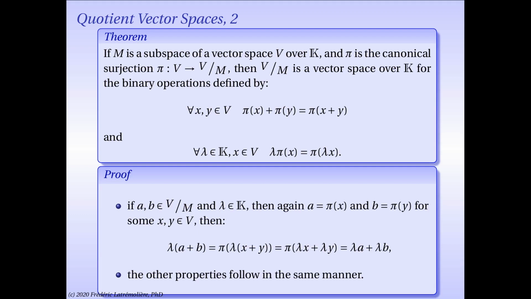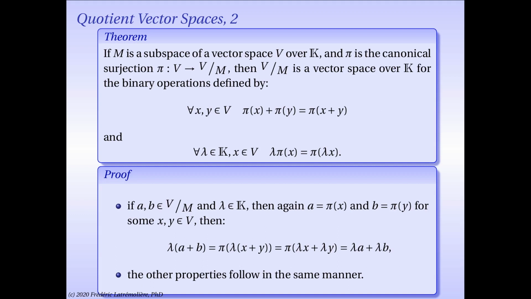So if I take two elements of the quotient, call them A and B, and lambda some scalar, then again, because pi is surjective, A is pi of x and B is pi of y, for x and y two vectors in V. Then it just means that A is the equivalence class of x and B is the equivalence class of y. And then if I calculate lambda times A plus B, just looking at the definition up there, it's pi of lambda times the sum of x and y.